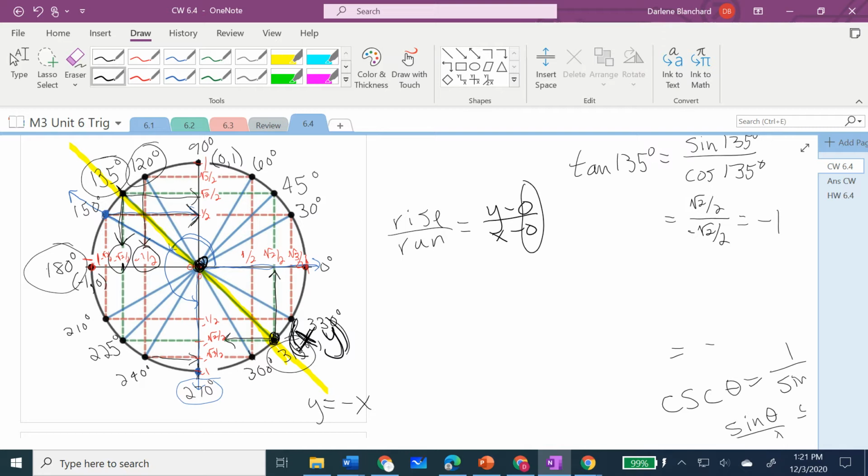That means that every single angle that I am right now drawing, those all have negative slopes. Their tangents are negative.